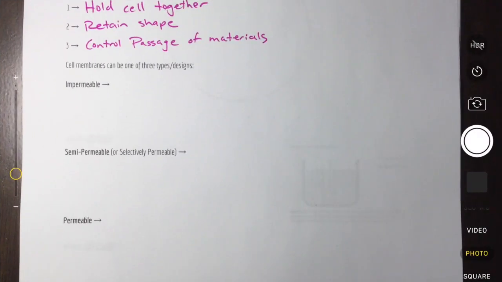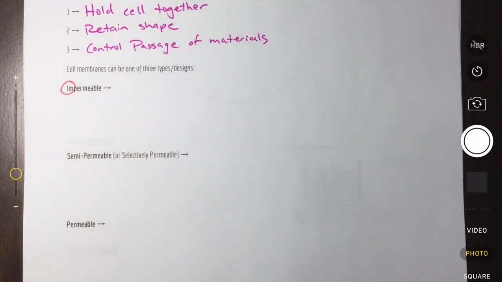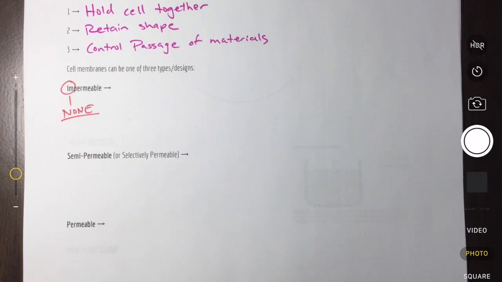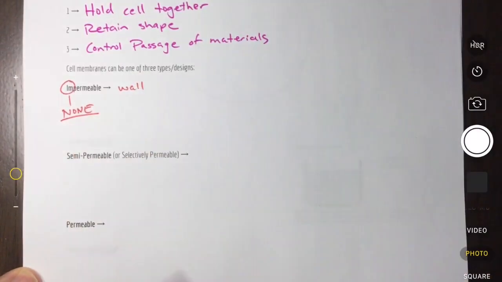When discussing cell membranes and the types or designs of these cell membranes, we have three main types: impermeable, semi-permeable, and permeable. Impermeable, and if we take a look at those first two letters, IM, basically means that nothing is allowed through. We can think of this like being a wall.